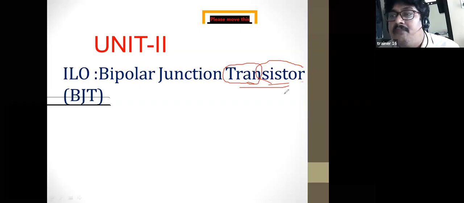So remember this point: the diode regulates the current, whereas the transistor transfers the current in the semiconductor materials, that is from low resistance to the circuit of high resistance.